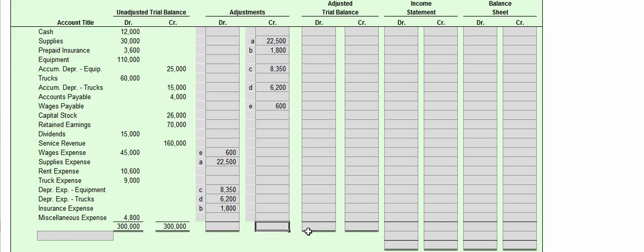Okay, now we want to total both columns. So it's going to be equal to $600 plus $22,005 plus $83.50 plus $6,200 plus $1,800, $39,450. And this column should total to the same amount.